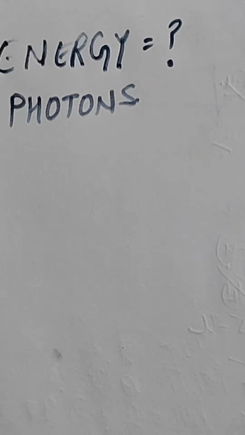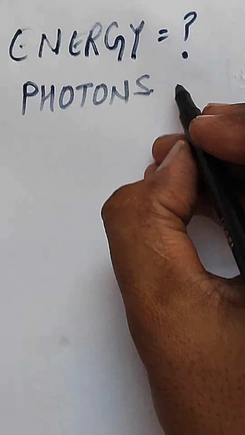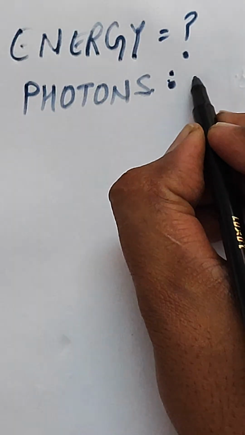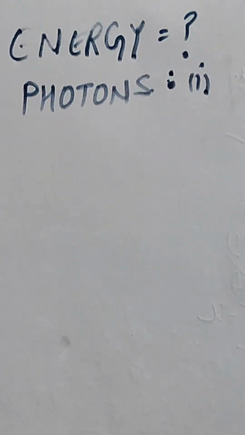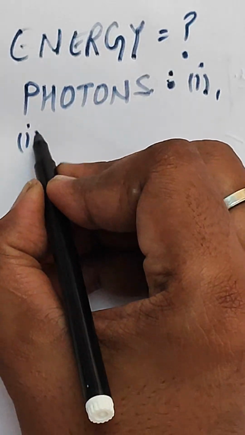Let me zoom a little. These photons are given to you with certain wavelengths. There are two wavelengths given to you, the first and the second. What is the first wavelength?